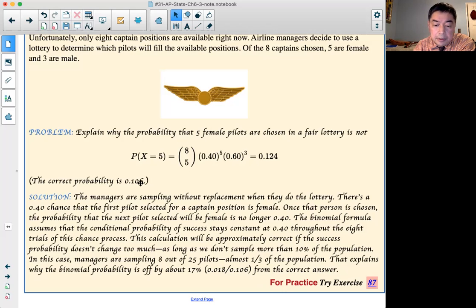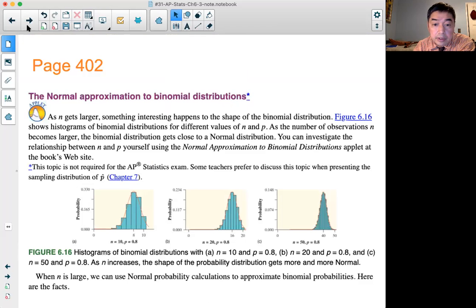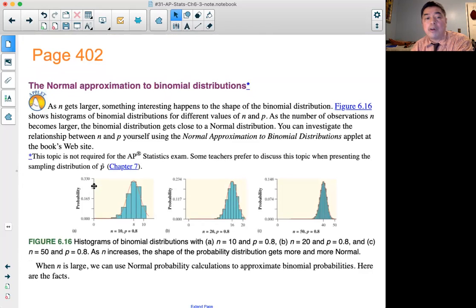All right, so now let's see the normal approximation to the binomial distribution. As n gets larger, interesting things happen to the shape of the binomial distribution. This is for n equals 10 when the success probability is 80%.